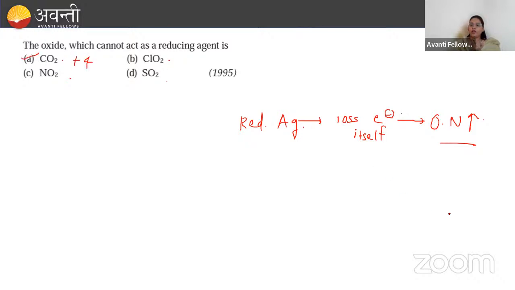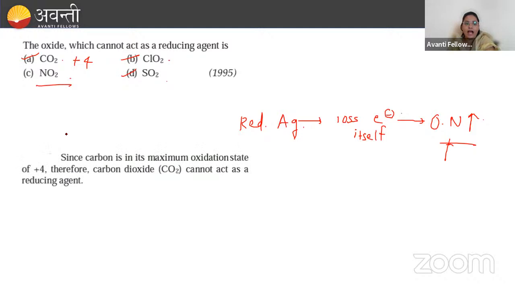So it cannot get converted into a higher oxidation state than +4, and that's why it cannot act as a reducing agent. For ClO2, SO2 and NO2, when you calculate the oxidation state, you will observe they are not in their highest oxidation state. So carbon is in its maximum oxidation state, and that will be our answer.